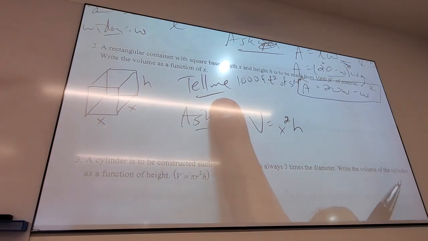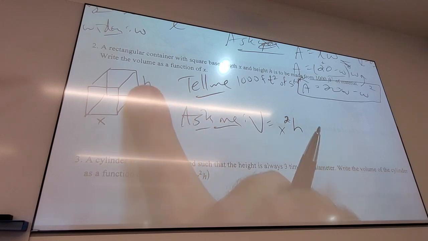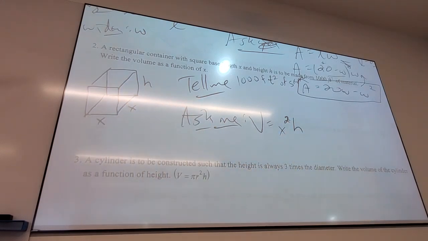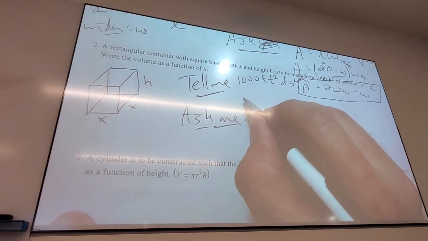Okay. What does this relate to? Surface area. You with me? 1,000 square feet of material to construct the box. The inside hopefully is empty, or else it doesn't really contain much. So what is the formula for the surface area?